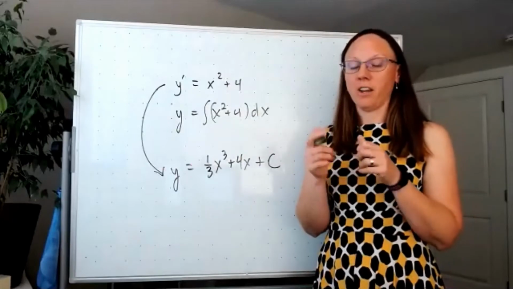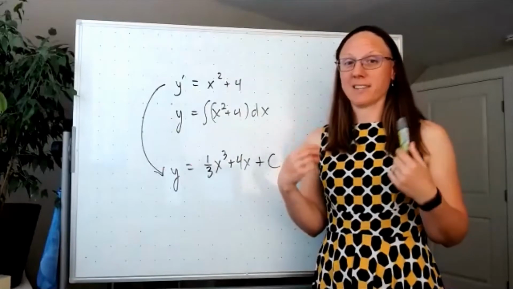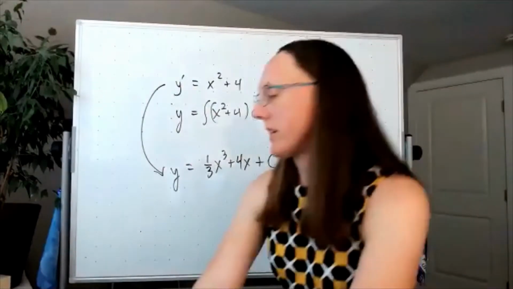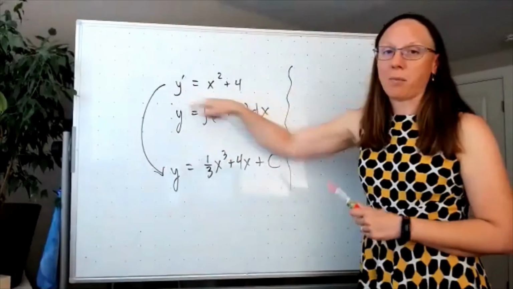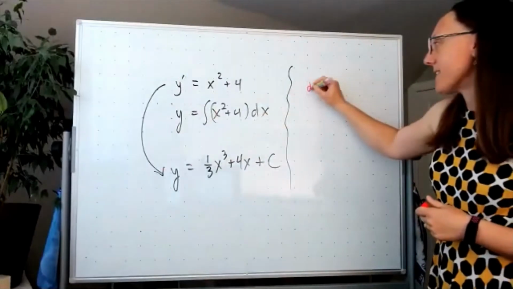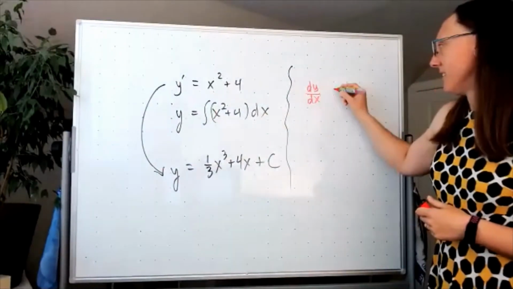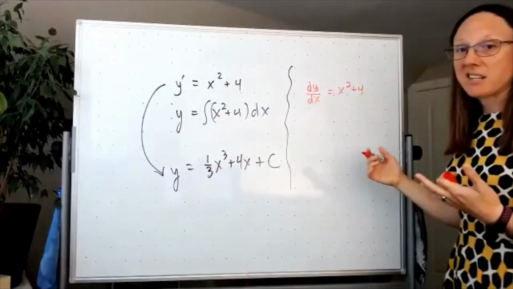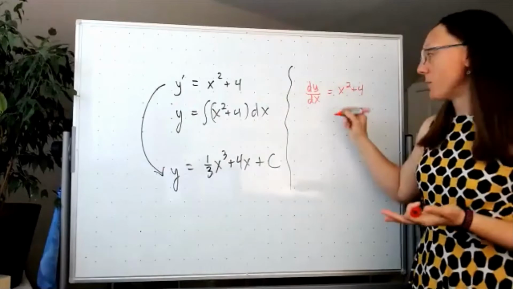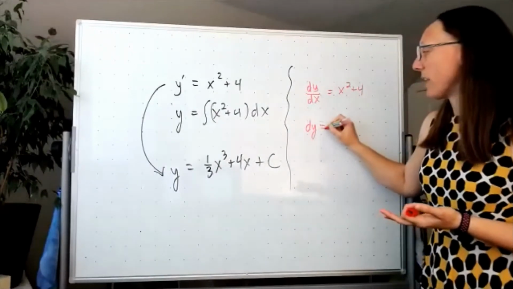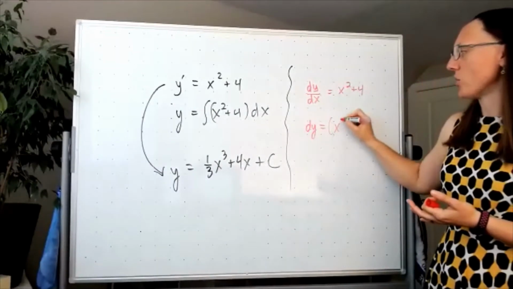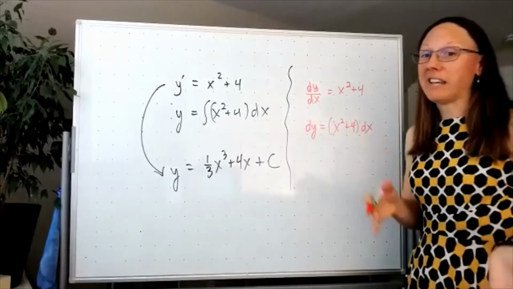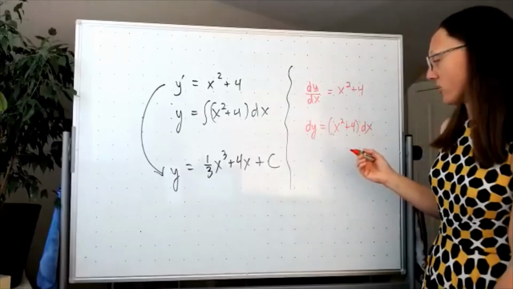But if you want to sprinkle on what's happening math-wise in the background, well, what's happening in the background here is that this y prime is dy dx. And we could multiply both sides by dx to get the differential dy is equal to x squared plus 4 dx. And then we can integrate both sides of that differential.